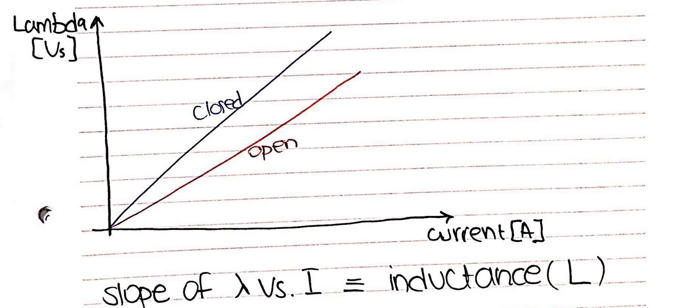This figure shows us the flux linkage plotted against current, and the slope of this graph actually shows us the inductance. So we realize that for a different position of the plunger, if the system is closed or open, the inductance differs.